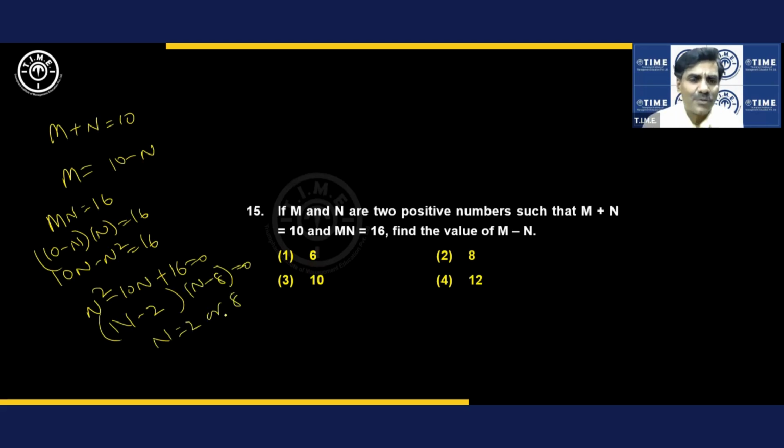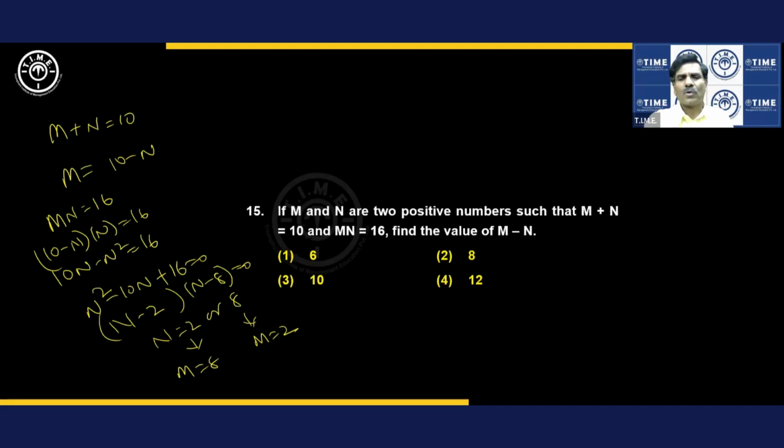If n is taken as 2, m will become 8. And if n is 8, m will become 2. So m minus n will become 8 minus 2, which is 6. Or else it will be 2 minus 8, which is minus 6.